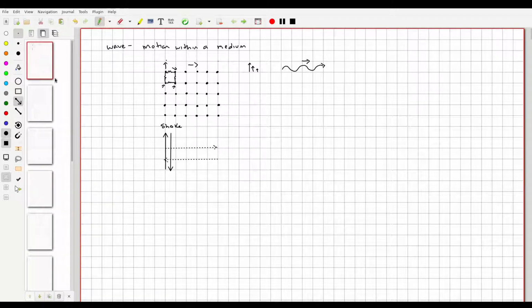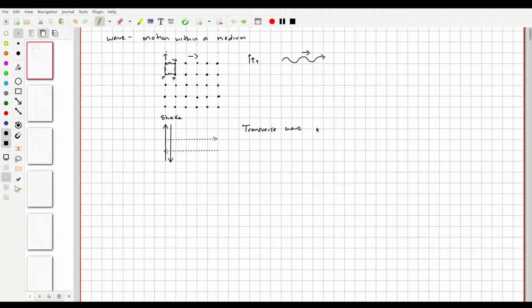We're going to be talking about that later on after we're done talking about the types of waves, because it's actually pretty important. So this type of wave right here, where you're shaking the material up and down, the motion is side to side, is called a transverse wave.